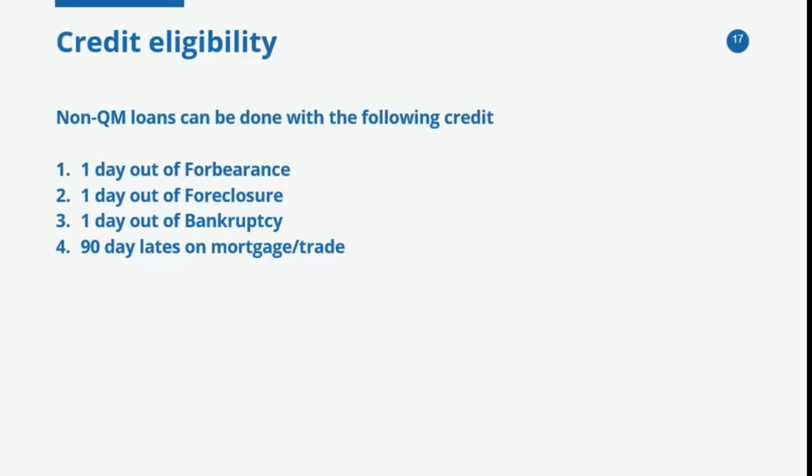Okay, so DSCR loans. They stand for debt service coverage ratio, okay? The number one thing that you want to take a look at is what the market rents are. I'm going to use Orange County as an example. If you're doing a 3-bedroom, 2-bath home as a rental out here, you might be looking at $3,500.